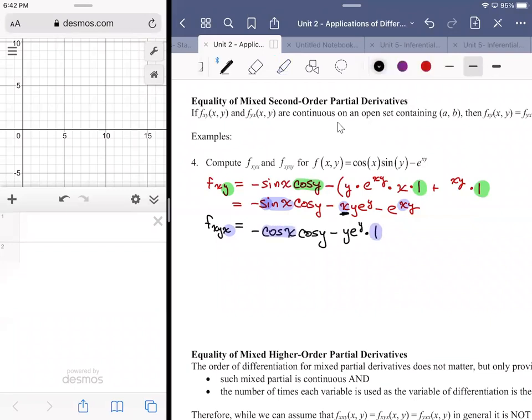And then the e to the xy, I mean, we've kind of beaten this to death a little bit. E to the xy has a derivative of e to the xy times the derivative of xy, where x is the variable, which is going to be y multiplied by 1.